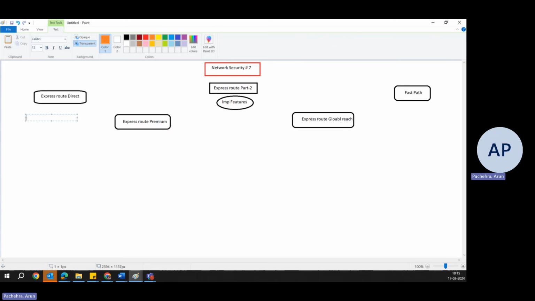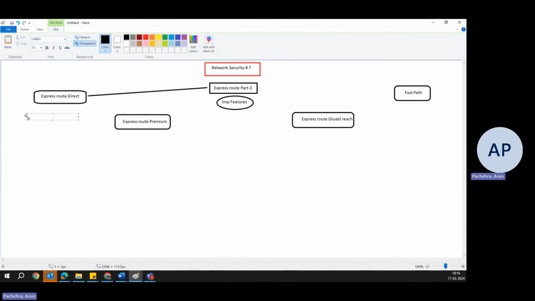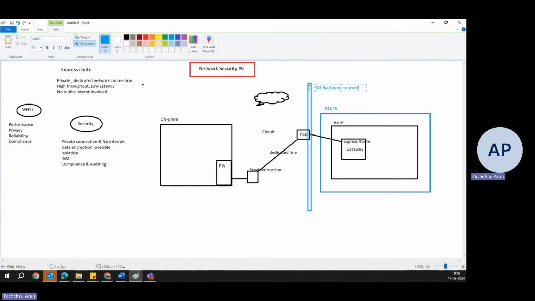Express Route Direct is a feature within the Microsoft Azure Express Route service. This feature caters mostly to enterprises which need massive bandwidth and a direct connection to Azure's global network. Let's suppose this blue pipe is the Azure global network.